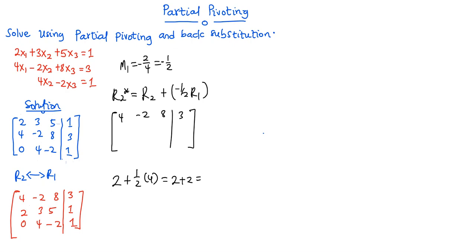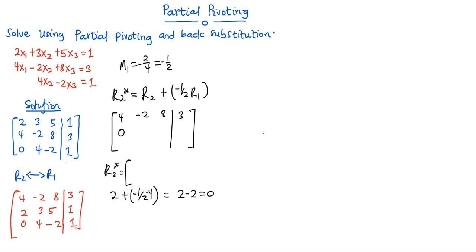Okay, so let's continue. So for this reason, for the first entry for the new row 2, we have 2 plus minus half multiplying the first entry for row 1, which is 4, right? So we are going to have 2 minus 2, which will give us what? 0, right?